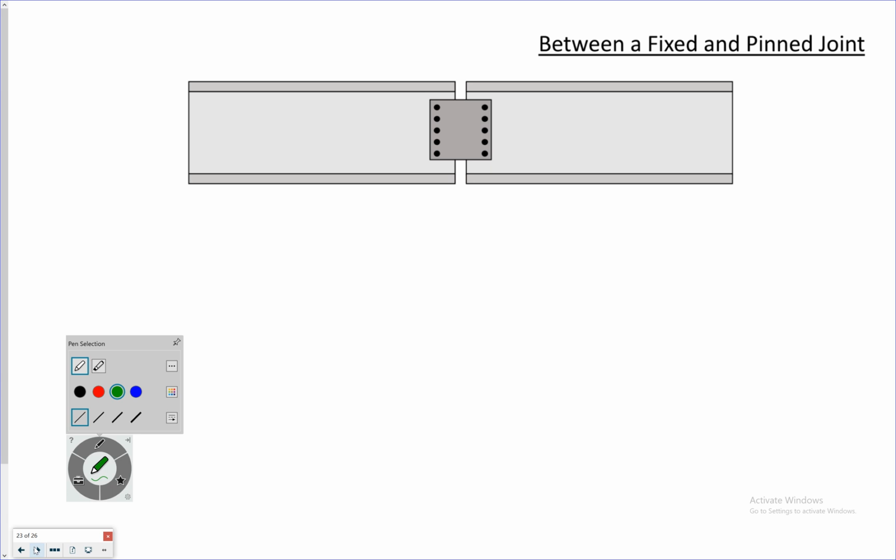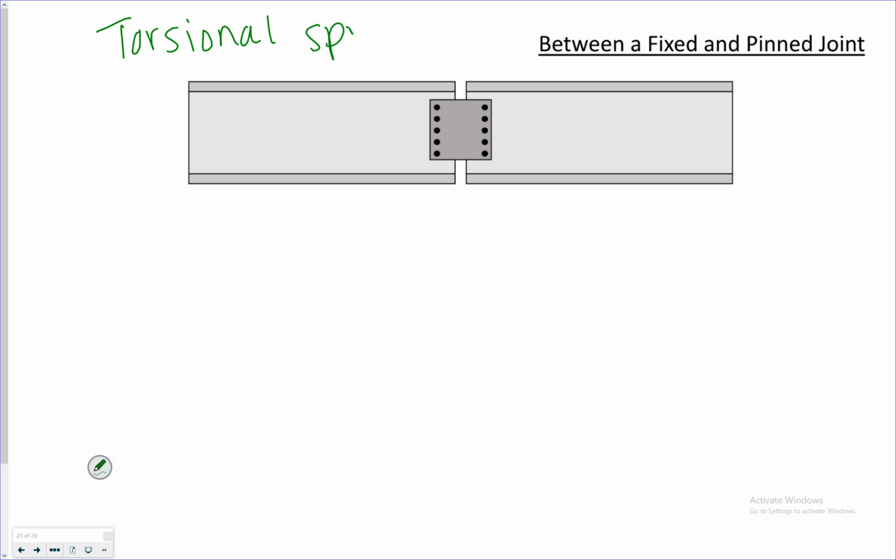Really what we're talking about is that the fixity of the joint or the fixity of the support constrains a little bit of rotation, but not equivalent to zero rotation, right? So a torsional spring constrains rotation.